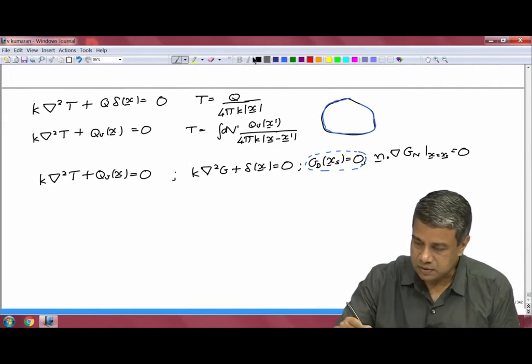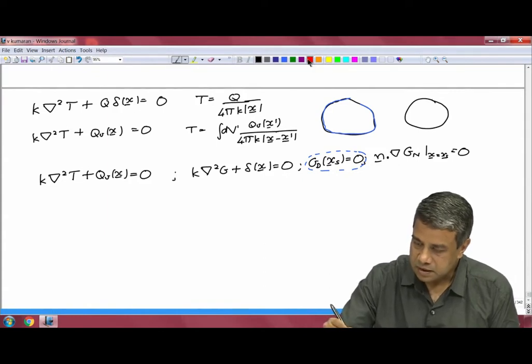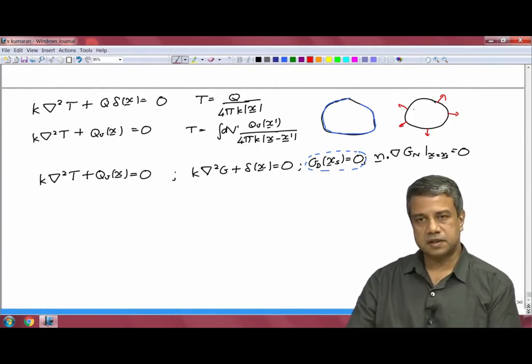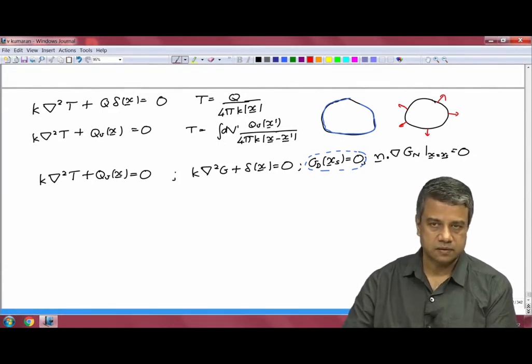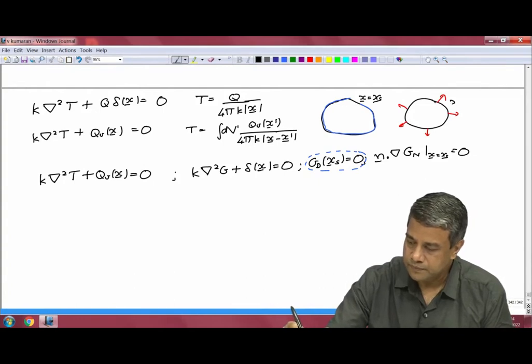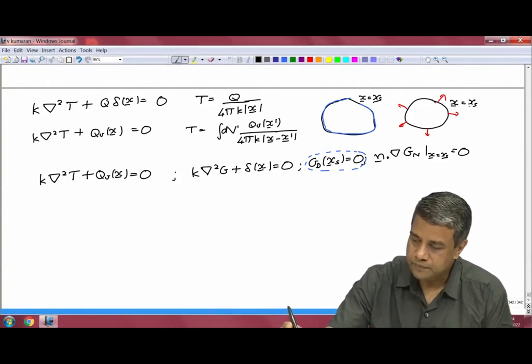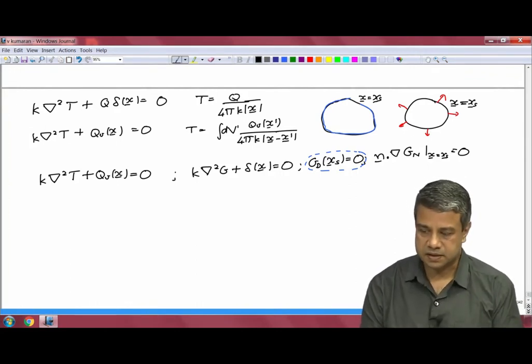And the other way is to specify that the normal flux at that surface, the flux perpendicular to the surface, is equal to 0, which means that the variation in temperature perpendicular to the surface is equal to 0. So, these are the two possible conditions at this surface x is equal to xs.